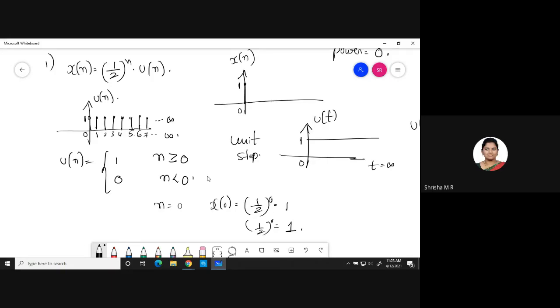Okay, and n is equal to 1. So it is half to the power of 1 into 1. At 1, what is the signal amplitude? It is 0.5, half, right? So the signal is half here.